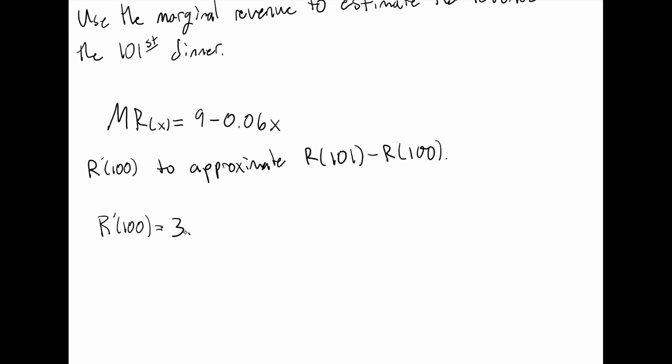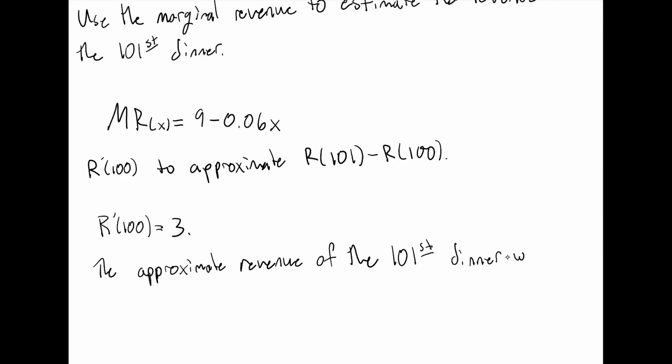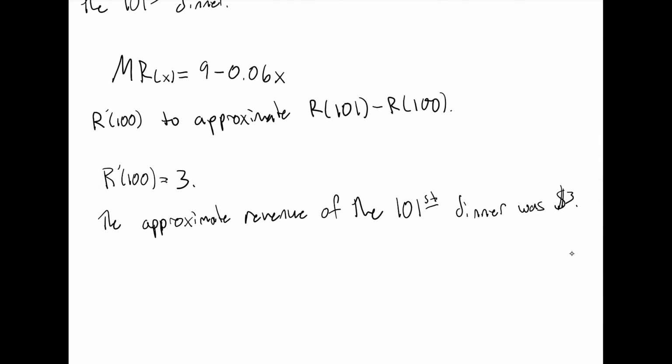So, very simply, the approximate revenue of the 101st dinner was $3.